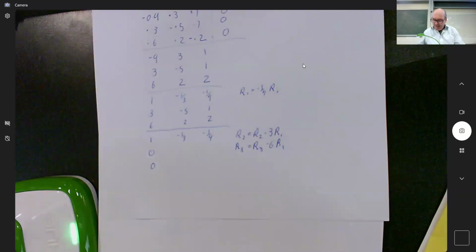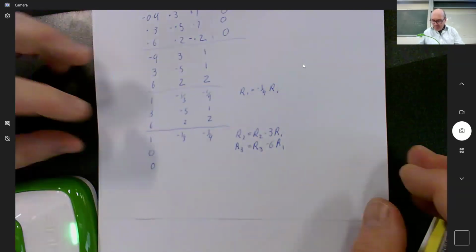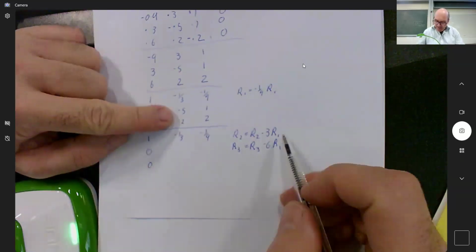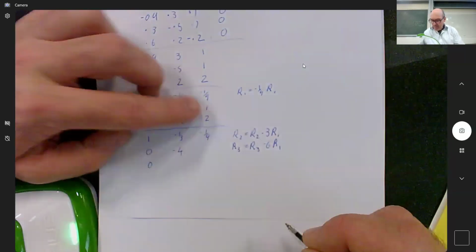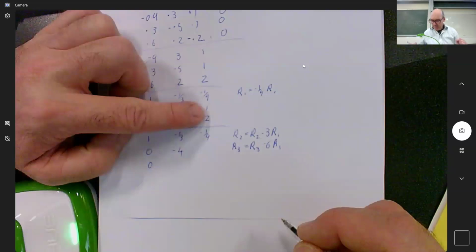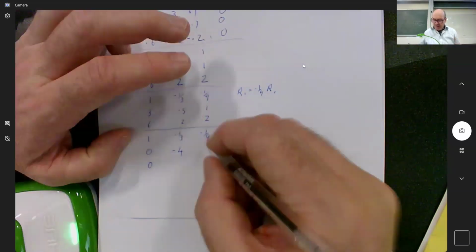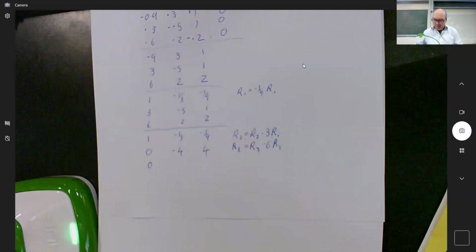So I should have minus 5 plus 1, so it should be minus 4. And I should have 1, that should also be 4. We should do the reality check on that. No, that's not right.